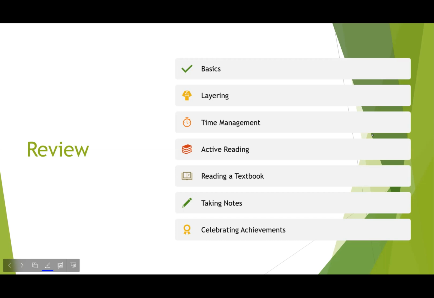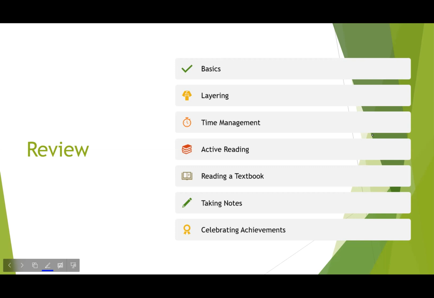And with meaningful repetition, time management, looking at your schedule, seeing what you've got, blocking out those times for that little Pomodoro method, where you set 25 minutes, you work on it, and you give yourself a reward for doing so. Active reading, where you put the material into your own words.